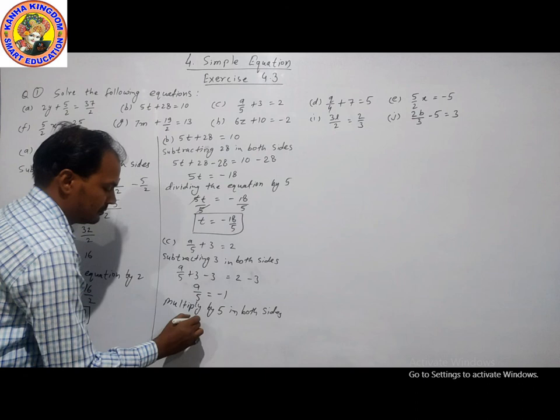This is our question. Divide and addition. First of all, we will solve the plus sign. So here is plus 7, so we will minus 7. Subtracting 7 on both sides. The equation is Q upon 4 plus 7 equal to 5.